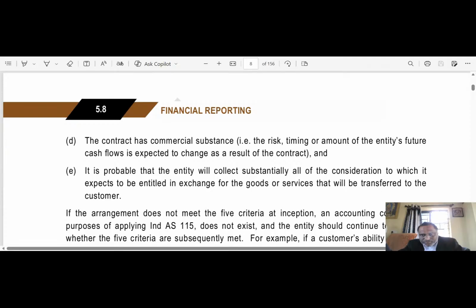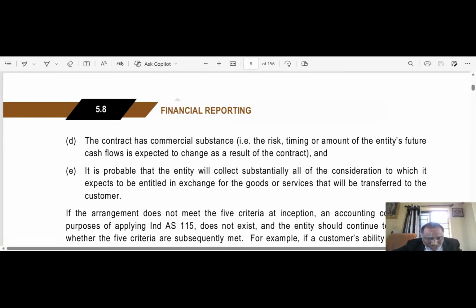The risk, timing or amount of the entity's future cash flows is expected to change as a result of the contract, and it is probable that the entity will collect substantially all the consideration to which it expects to be entitled in exchange for the goods or services that will be transferred to the customer.